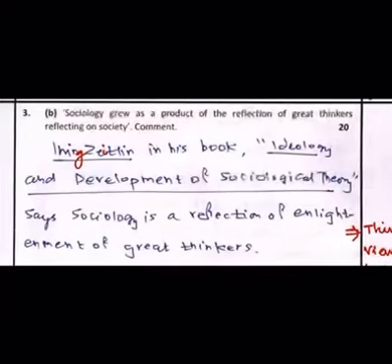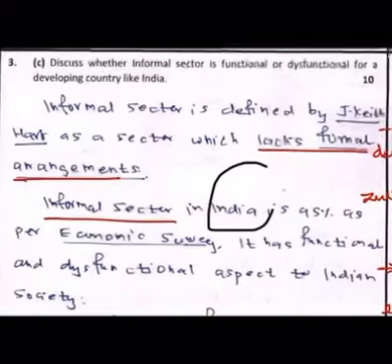Here also Irving Zeitlin's work, Ideology and the Development of Sociological Theory. So you have included the thinker, his work and his viewpoint on the given topic. Here also this is a paper 2 topic, informal sector.